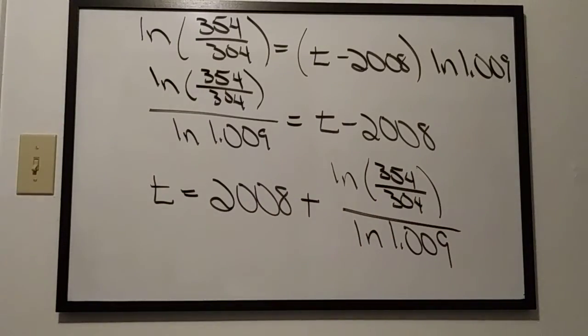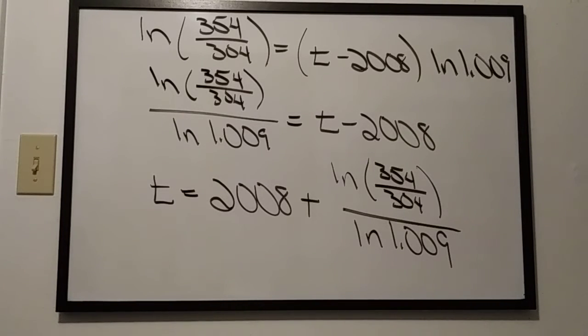Now, at this point, I have an exact answer. However, this exact answer is not helpful. Because if I was wondering what year this population was happening in, I really can't tell from this particular version of the answer. Is this 2020 or is this 4004?